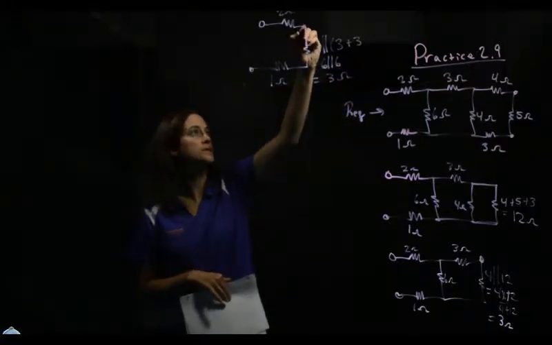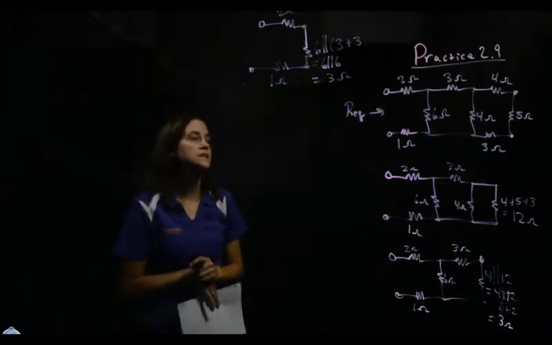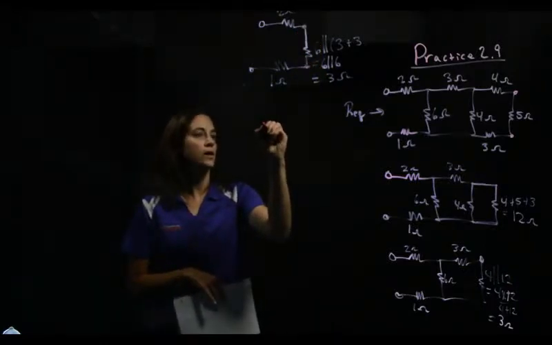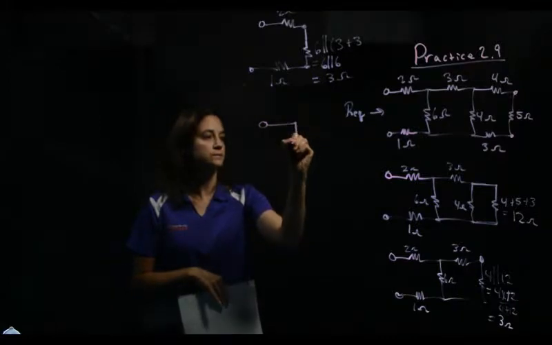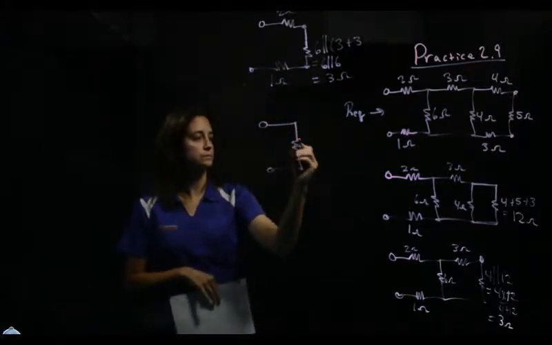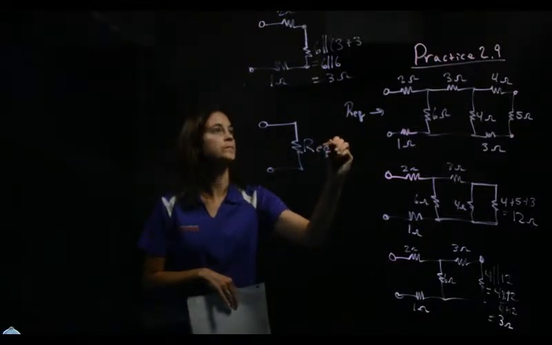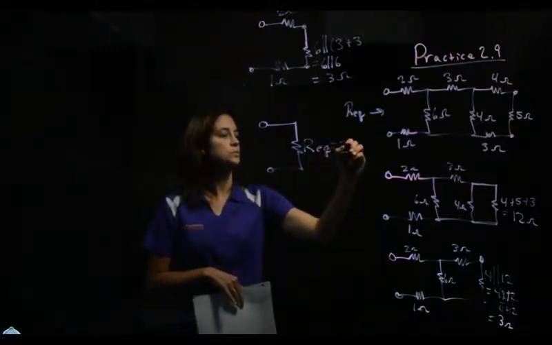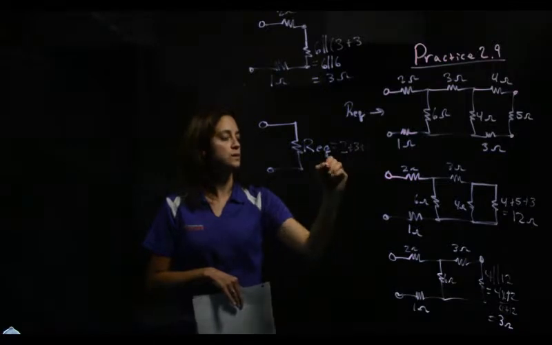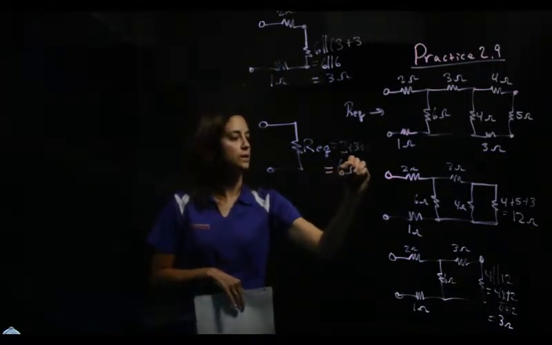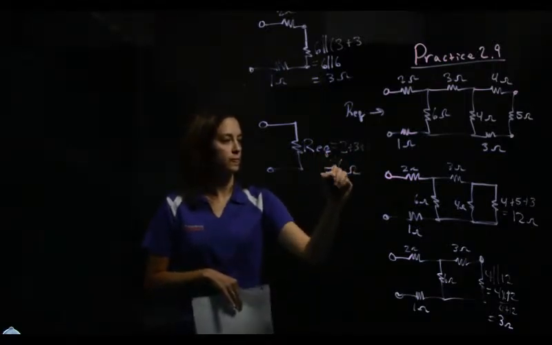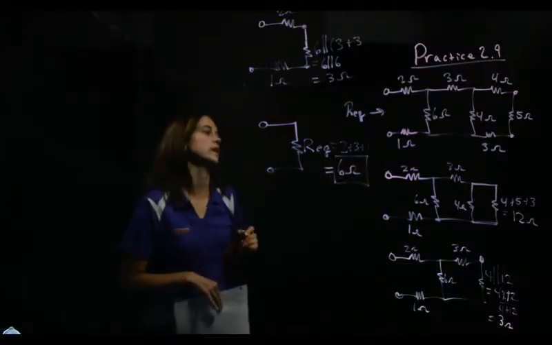And now I just have 3 resistors in series. So my equivalent resistance, my REQ, is 2 plus 3 plus 1, or 6 ohms. Well, that is our final answer there.